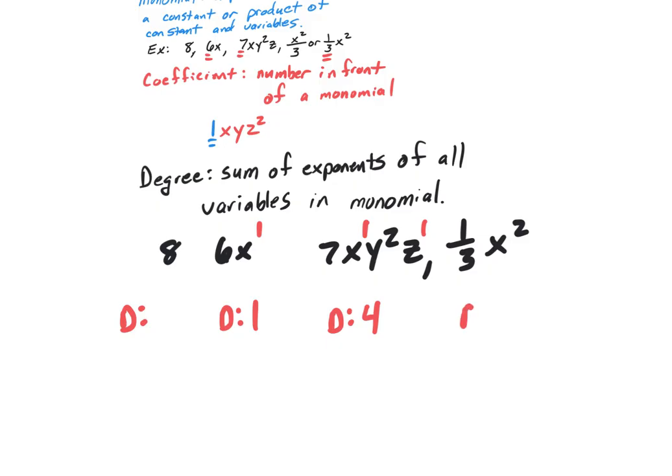For the last one, the only variable that we have is x. The exponent is 2, so my degree is 2. The very first one does not have a variable, so if there is no variable, that means there is no degree. So my degree is 0. And so we would always call it, or name it, based off its degree.